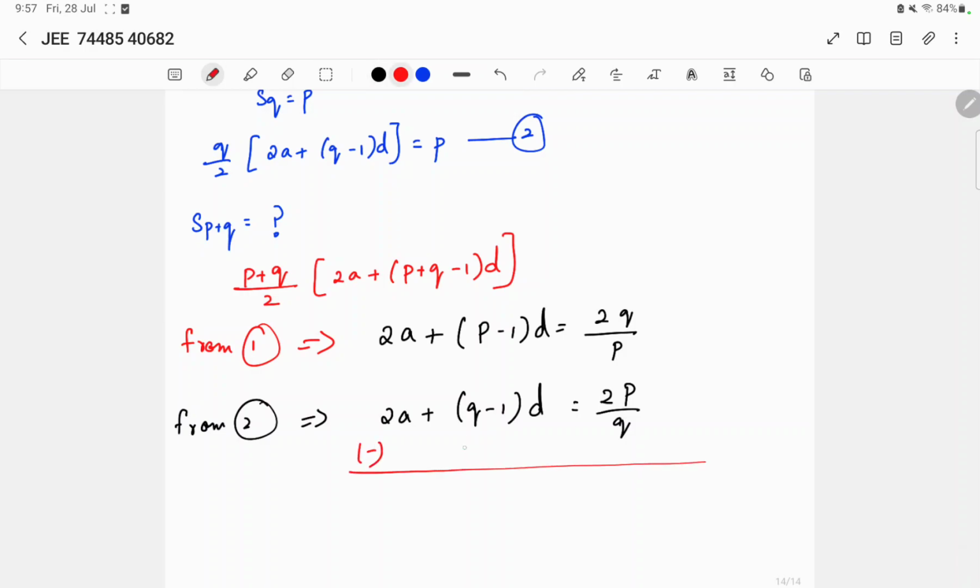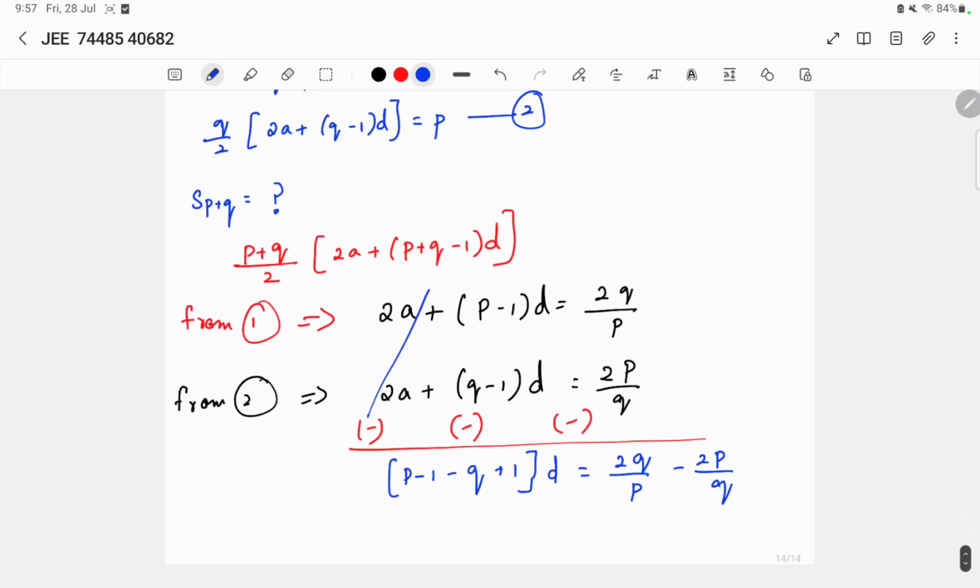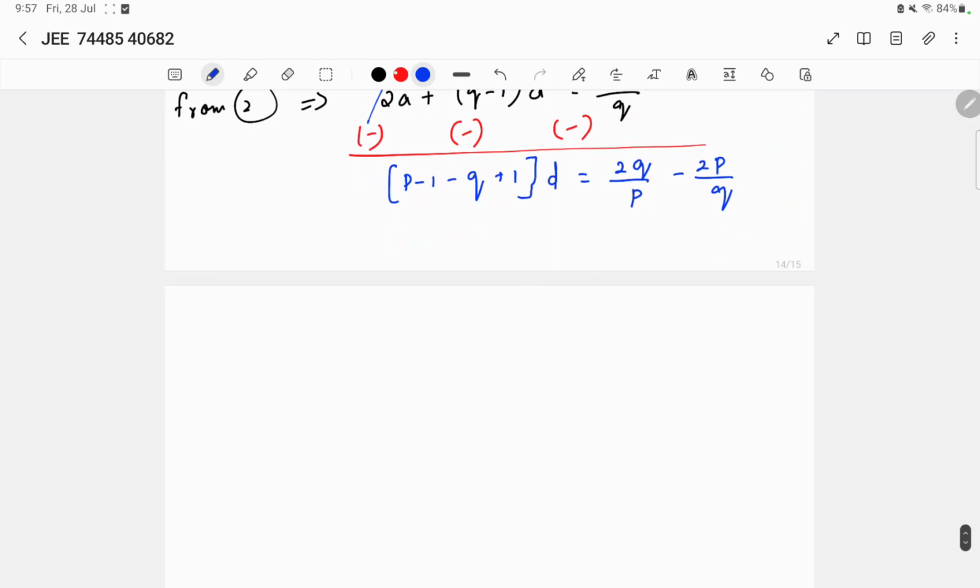If I subtract, this 2A and this 2A will get cancelled. Now D I can take common: P minus 1 minus of Q minus 1, so it is minus Q plus 1, equals 2Q by P minus 2P by Q. Now this minus 1 and this plus 1 will get cancelled.